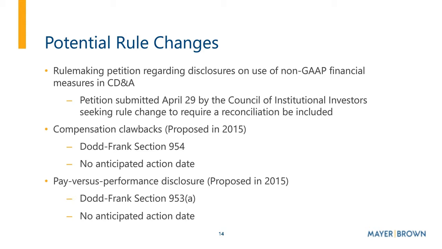In addition, interestingly, in April of this year, the Council of Institutional Investors petitioned the SEC seeking a rule change that would require companies to comply with Reg G in disclosing non-GAAP financial measures in CD&A, the same as what is required for earnings releases. So we'll keep an eye on that as well.